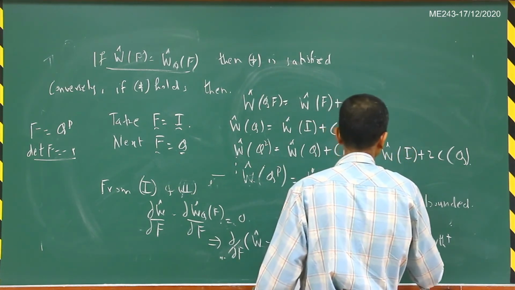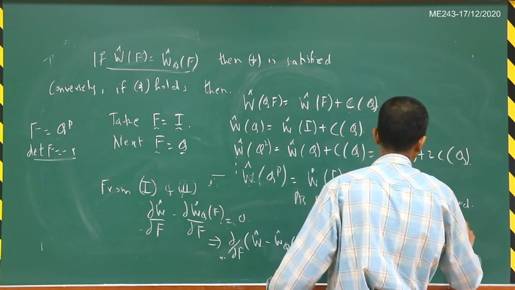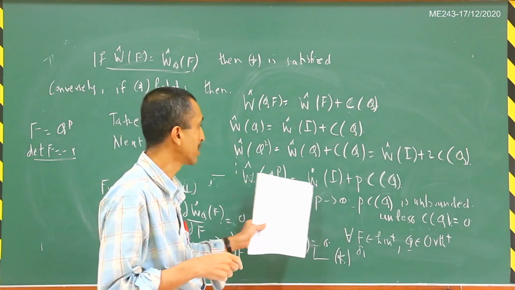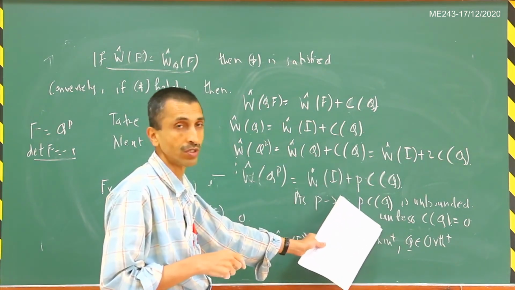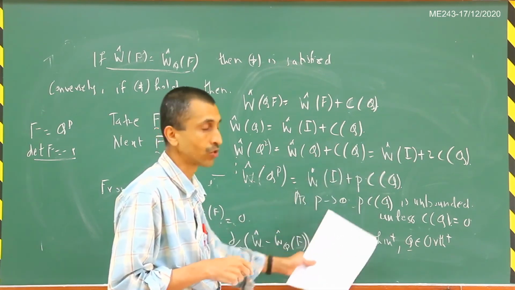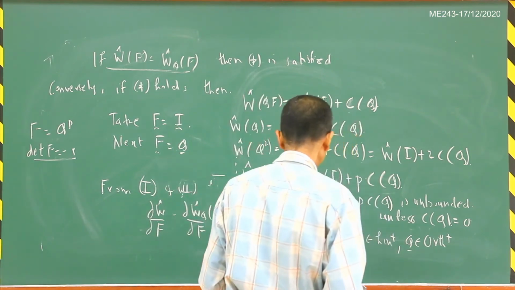So c of q has to be equal to 0, because otherwise you have unbounded, right? And so fine.